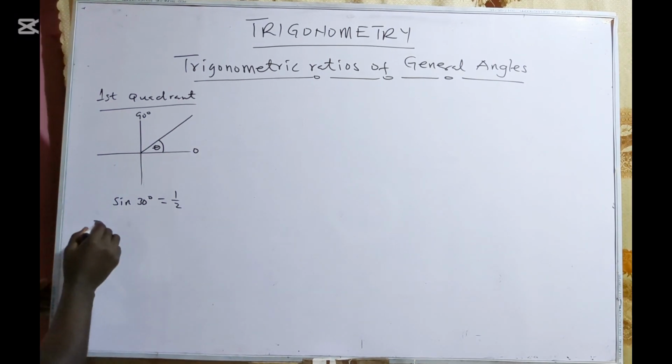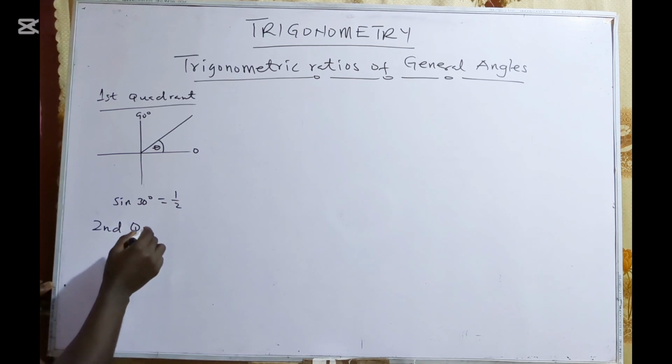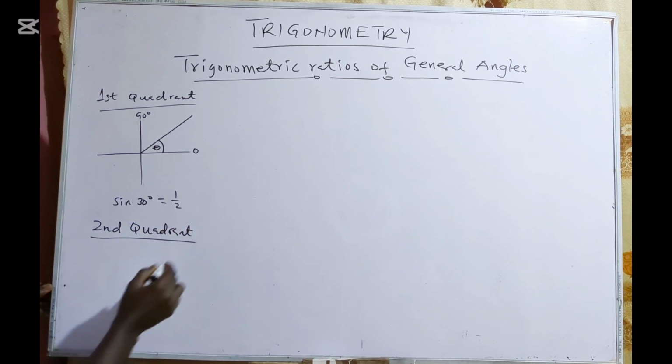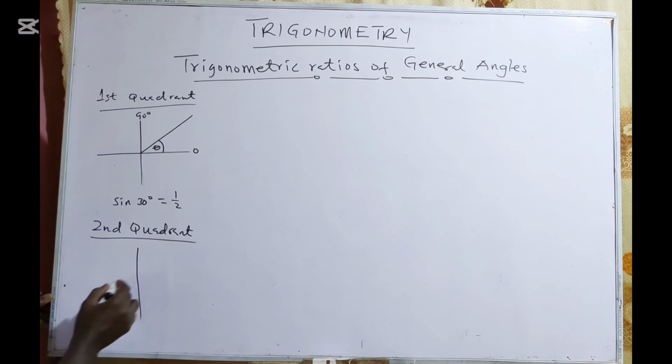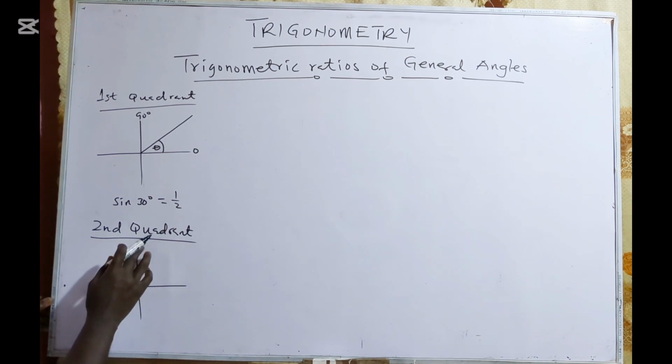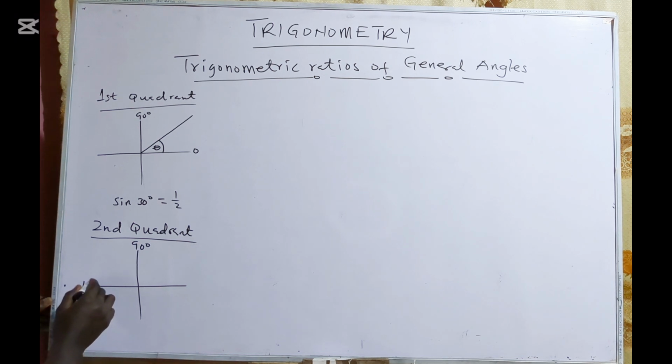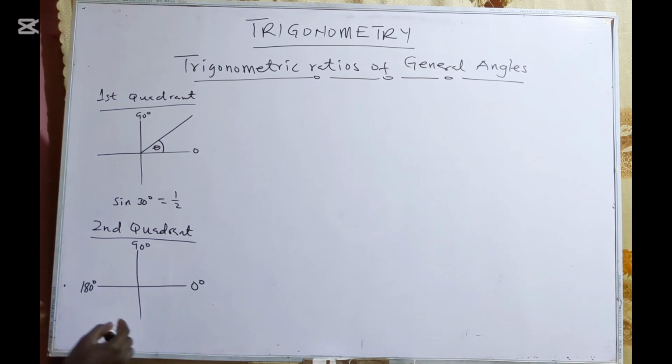Okay, so let's look at the second quadrant. So we know in the second quadrant, the angles are between what? 90 and then 180. Okay. So what we are going to do is that we are also going to find an acute angle in the second quadrant.